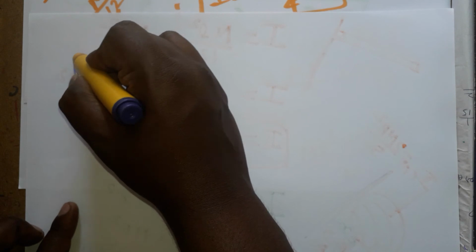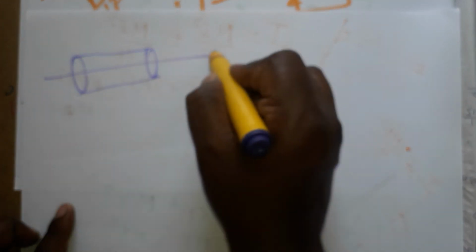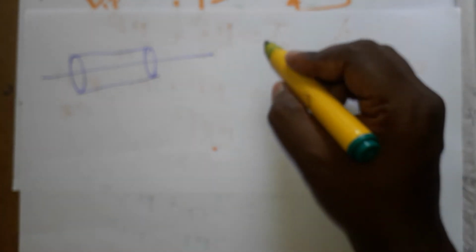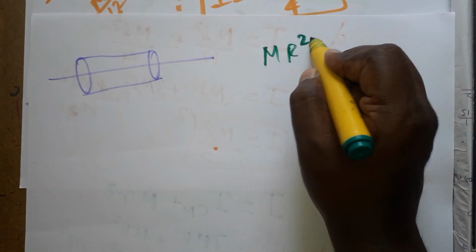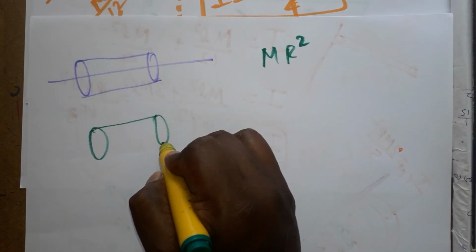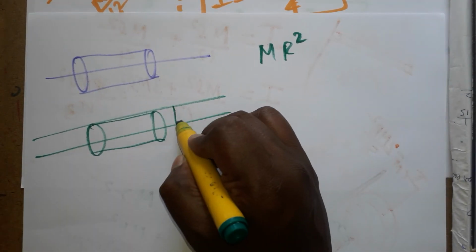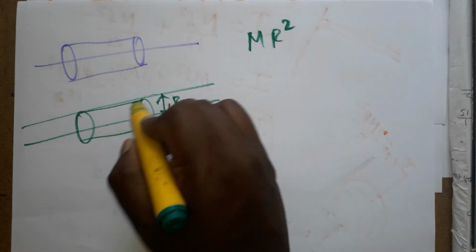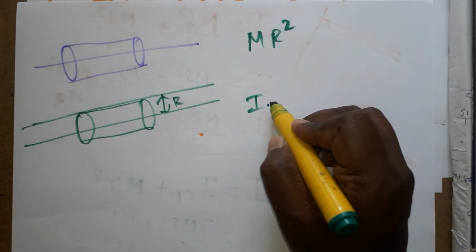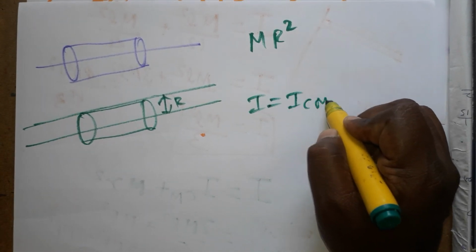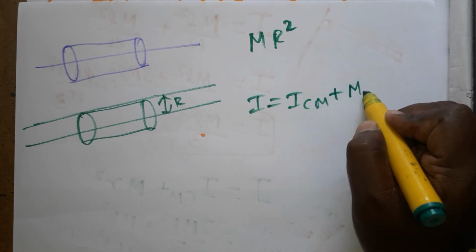Again, I have the hollow cylinder. When the axis passes at the center of the cylinder, the inertia is going to be mr square. So I am taking the edge of the hollow cylinder. Now the axis passes at the edge of the hollow cylinder. The radius of the cylinder I am taking as r. So at the edge of the cylinder, what is the inertia? Using the parallel axis theorem, I is equal to ICM plus mx square.